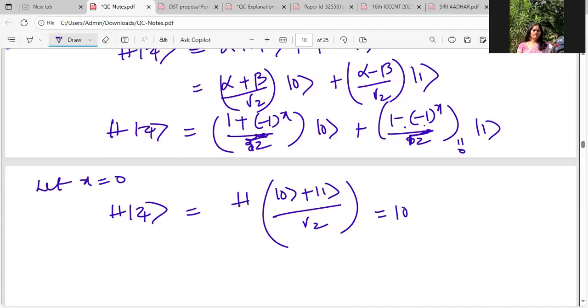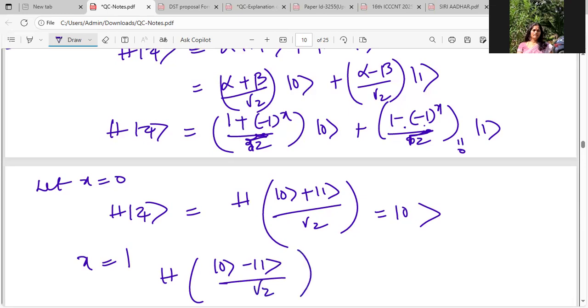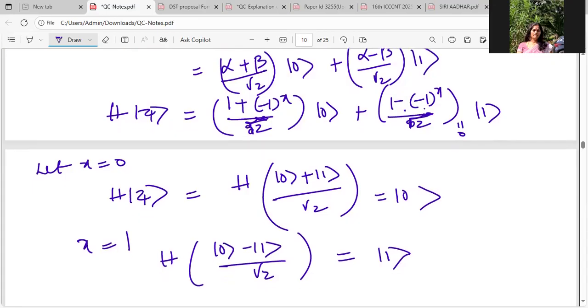This would be what? Ket 0. Now, if x is equal to 1, these are the only possibilities, right? H of ket 0 minus ket 1 by root 2 will be there. This would be nothing but ket 1.